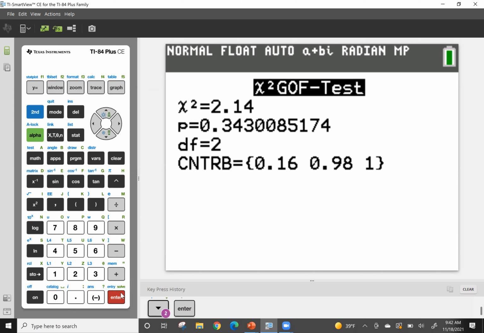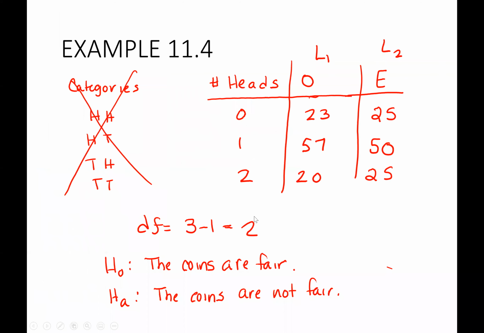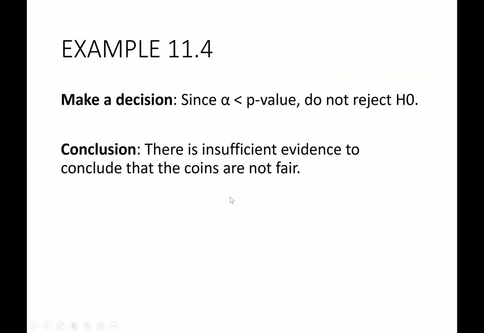So my sample data does not support the idea that these coins are not fair. They do appear to be fair. Since alpha is less than p, we do not reject the null hypothesis. There is insufficient evidence to conclude that the coins are not fair.